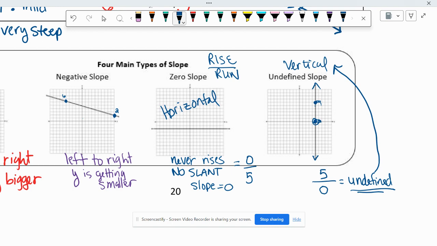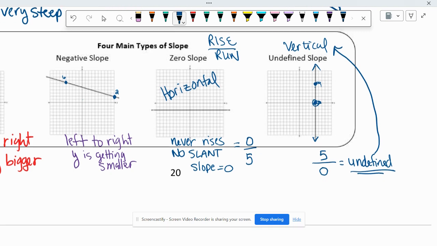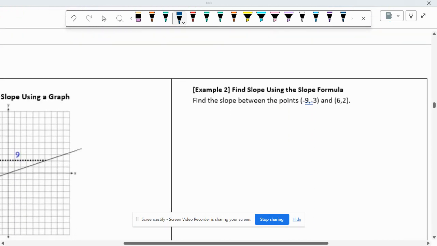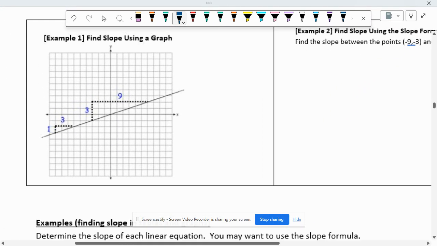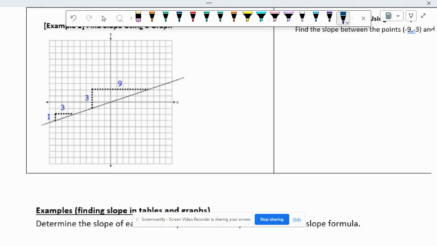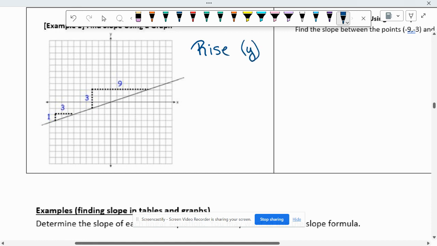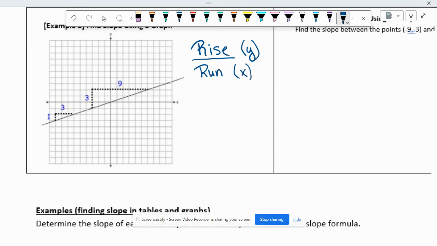Then we're going to talk about how to find slope from a graph. So go to page 21, and I want to talk to you about finding slope from a graph. When we count slope on a graph, we're always talking about the rise, which is the y, the change in the up, down, the vertical, over the run, which is the change in the x, the horizontal.